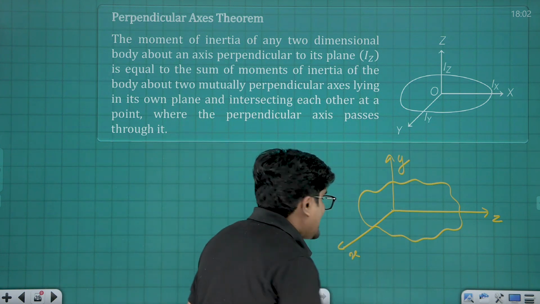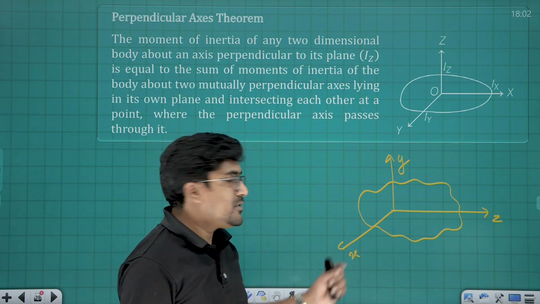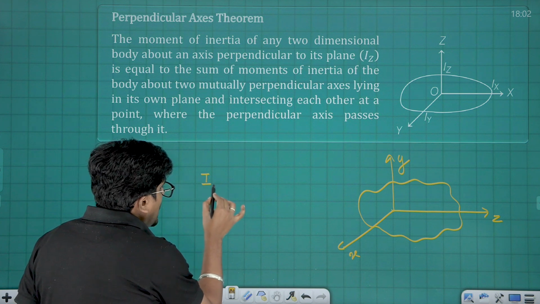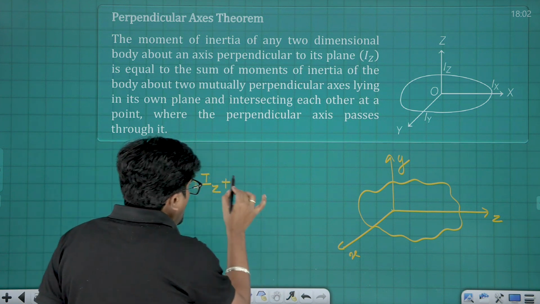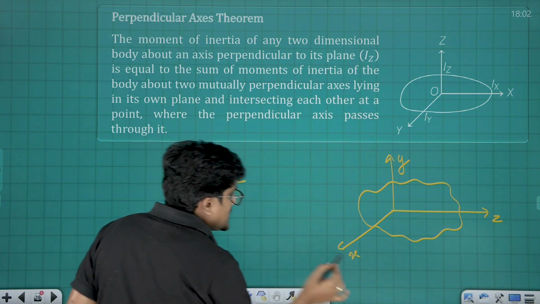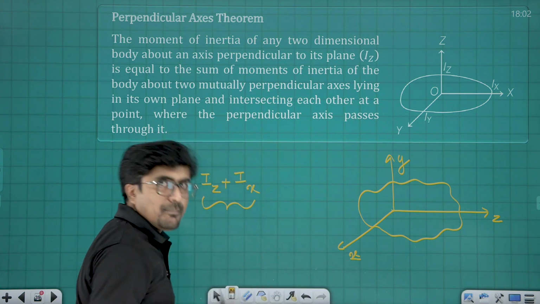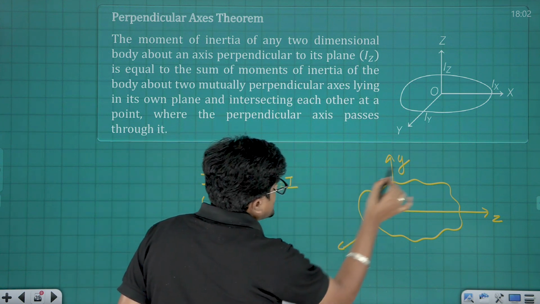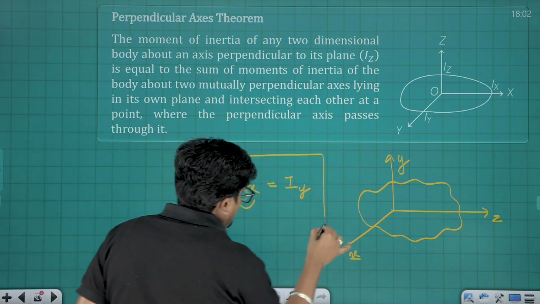Now the x-axis and y-axis lie in the plane of the mass distribution. The moment of inertia of the system with respect to the x-axis plus the moment of inertia with respect to the y-axis, these two lying in the common plane, is going to be the moment of inertia of the system with respect to the z-axis. This is the perpendicular axis theorem.